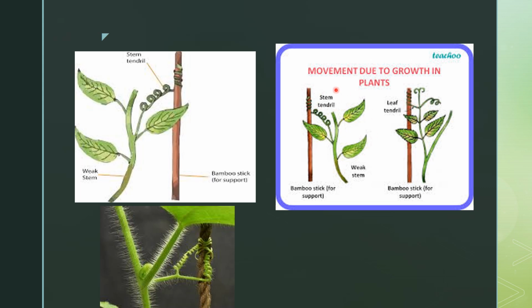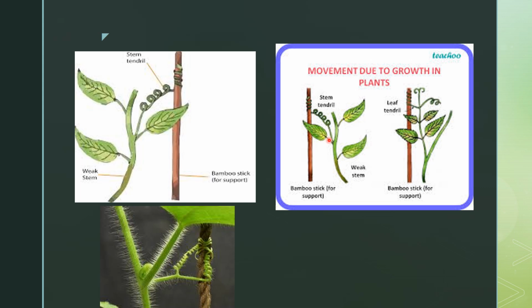But in this type of plant, the tendril arises from the axillary bud. So it arises from branches. As I said to you, the axillary bud can develop into branches for the plant.